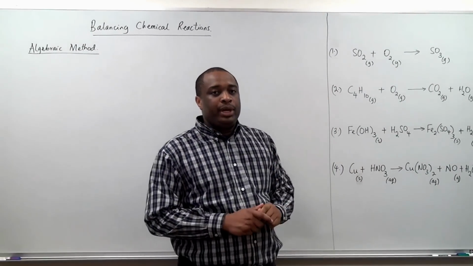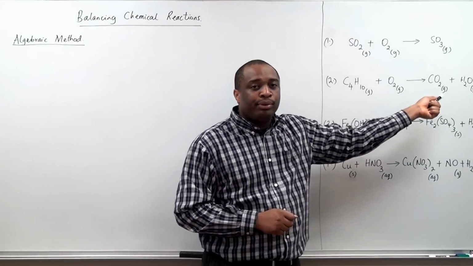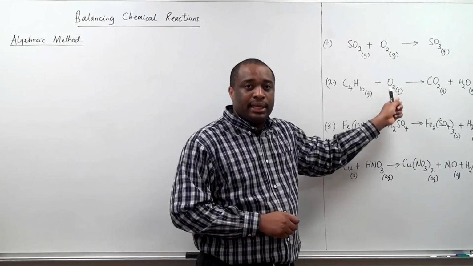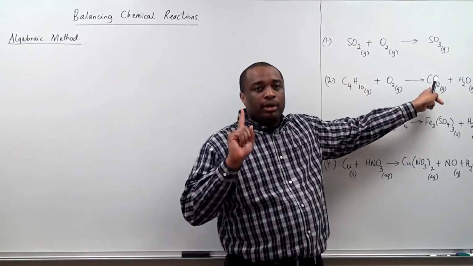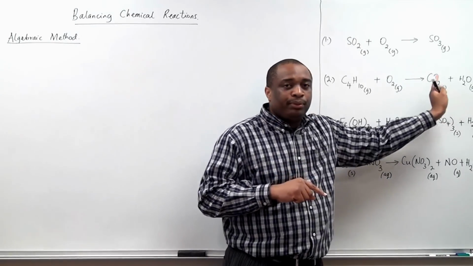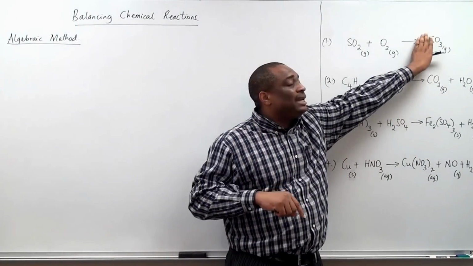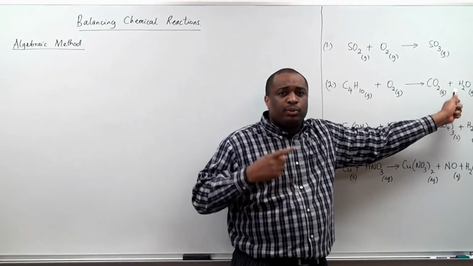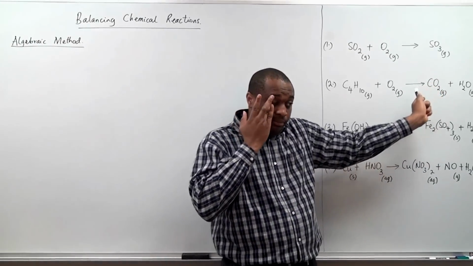If we have two reactants and two products, we place variables in front of the two reactants, and a variable in front of just one product, not the two products. Remember, if it is only one product, we don't place any variable. If it is two products, we place the variable in front of one of them.